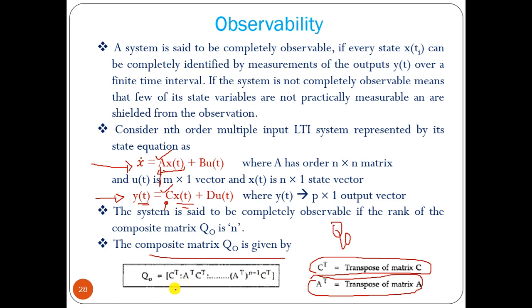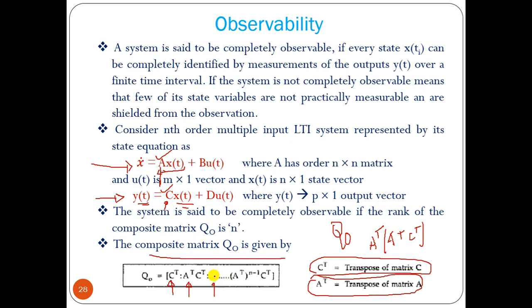So what we have to take? First column should be the transpose of C matrix. Second column should be the transpose of A matrix multiplied with the transpose of C matrix. Third column should be A transpose squared multiplied with C transpose. So (A^T)^2 C^T, then we can have (A^T)^3 C^T, like that way.